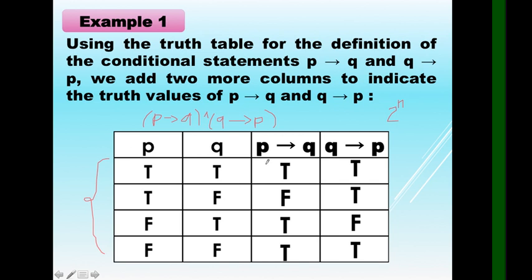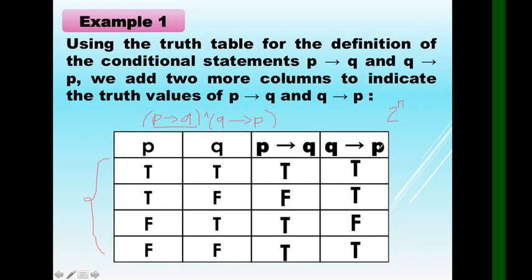Okay, now let's proceed. After constructing this table, we will have the first quantity, which is P implies Q. And remember the rule in the implies, okay? Implies is the TF. TF is always false and the rest is true. So for this one, we have true, true, so true. TF is false, FT is true, and FF is true.